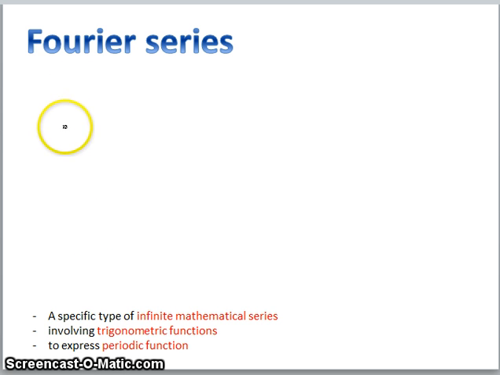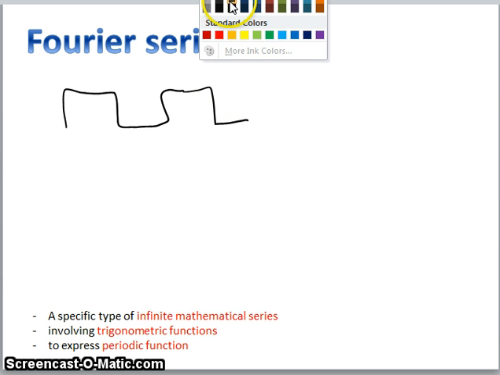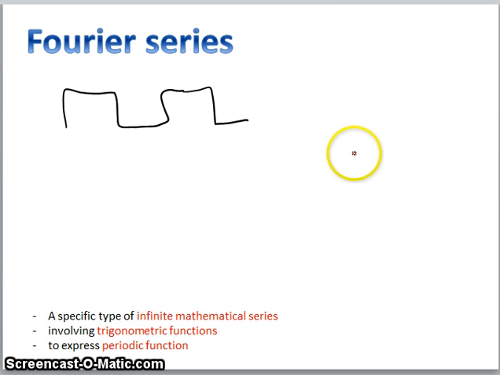Okay, so now what I am going to do is to superimpose all the terms that we have just now. So first, let's say I have the first term like this. So when I superimpose, it will be like this. So it means I only now represent this square wave with only one term.